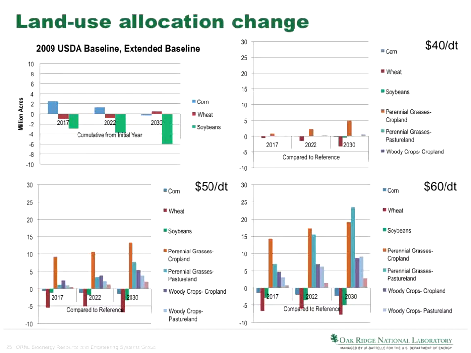I think really one of the important things to point out is that, historically speaking, the amount of land allocated to traditional crops has decreased over the past 4 years, as Matt showed earlier, and also the baseline projection from 2009 also indicates that. So you see a reduction in corn and soybeans, a little increase in wheat out to 2030, and that's the extended baseline period.